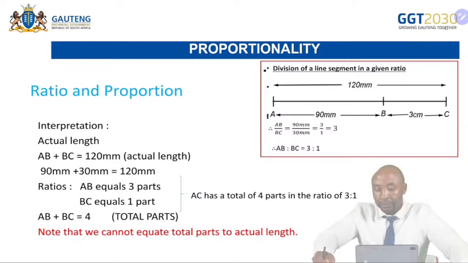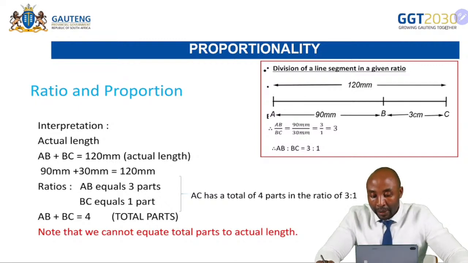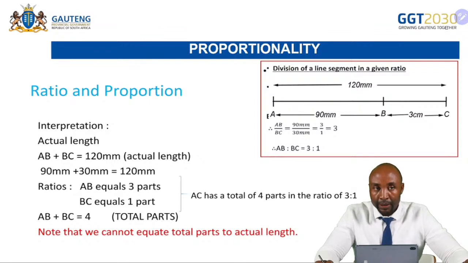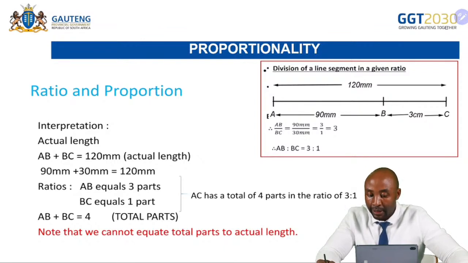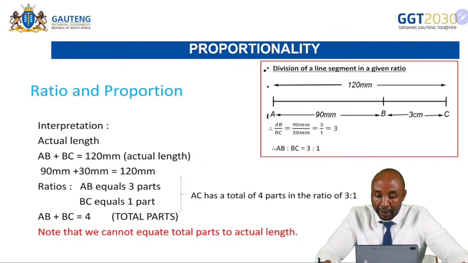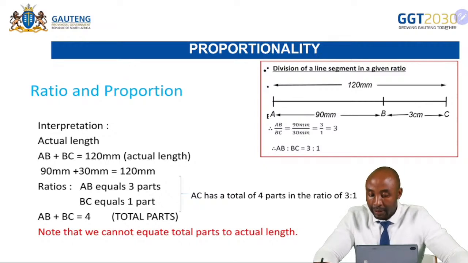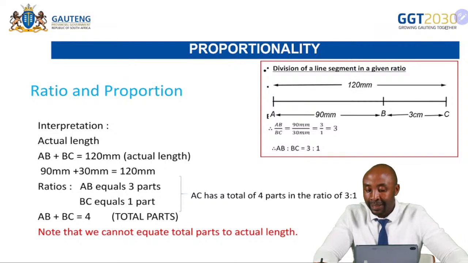Now, we are also going to look at our ratios in terms of sharing. I know we did this in grade 8 and 9, where we were sharing, increasing or decreasing using our ratios. If you check the interpretation, if I add 90 millimeters and 3 centimeters, this won't give me 93 millimeters as I have explained.